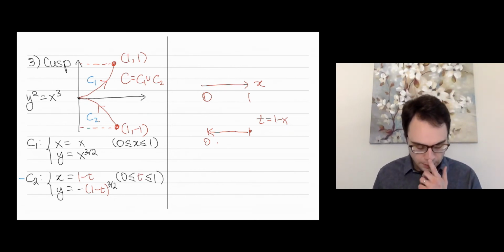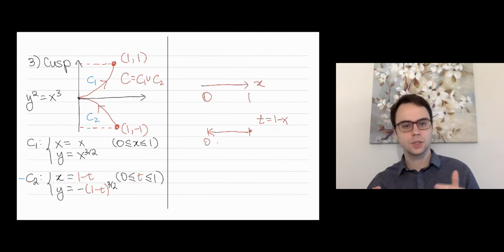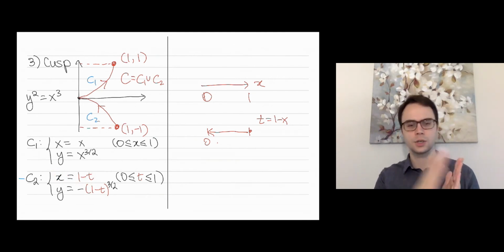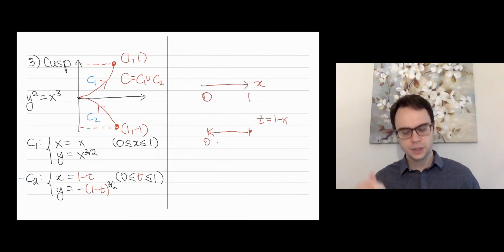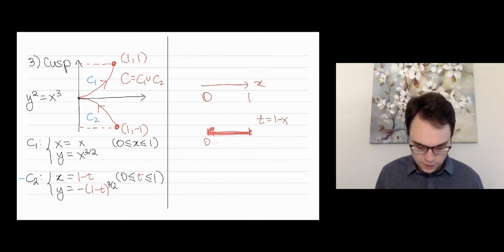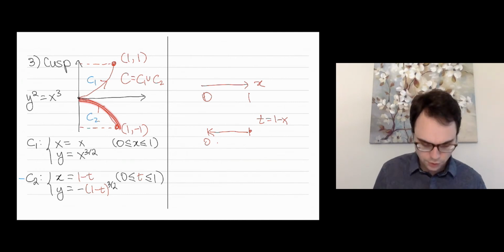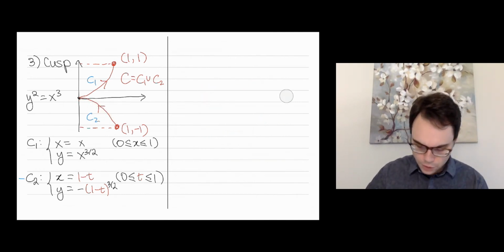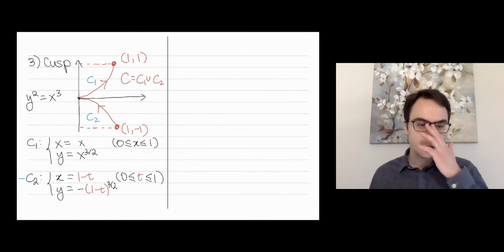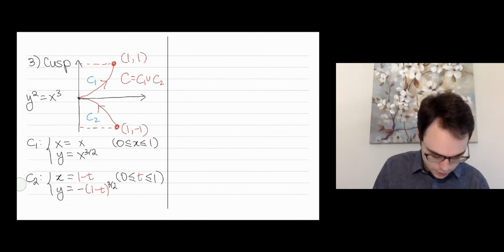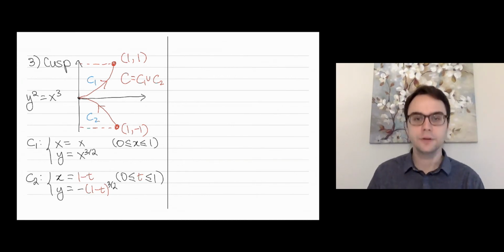Instead of starting at the origin, x starts at 1 and moves leftwards as t increases. This covers the x-axis leftwards and fixes the problem we had. Now C2 has the correct trajectory, the correct orientation. So that's the dependable way of getting a parameterization.